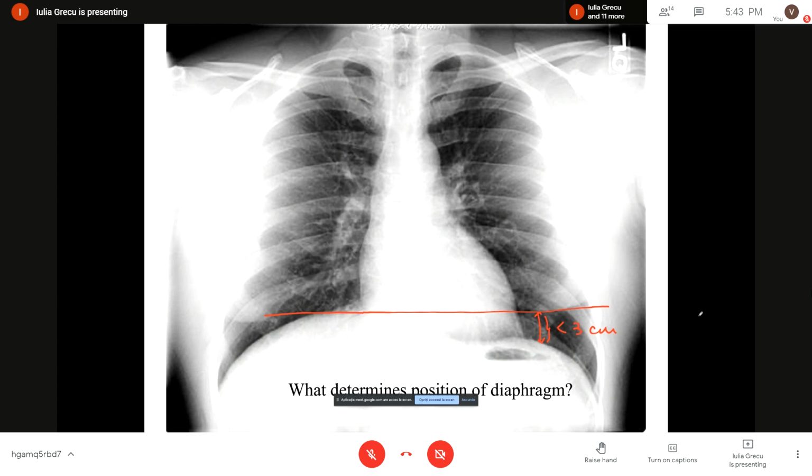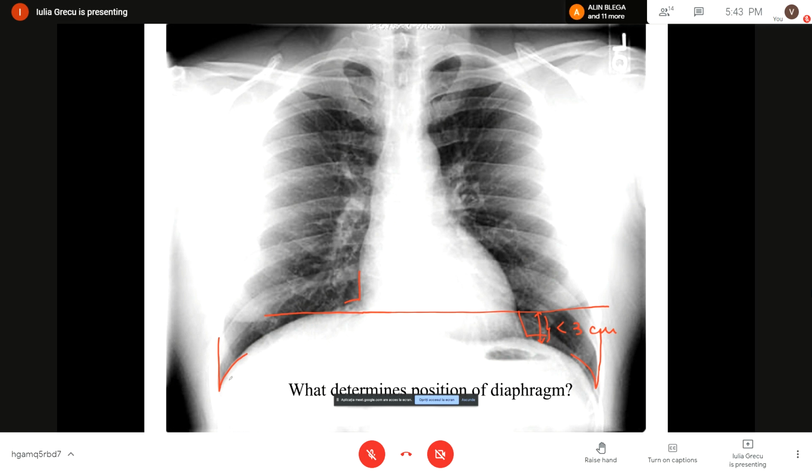On the frontal view of the chest X-ray, the diaphragms attach to the ribs and form the costophrenic angles, which are these sharp angles, and they also form an angle with the heart silhouette here, and these are called cardiophrenic angles.